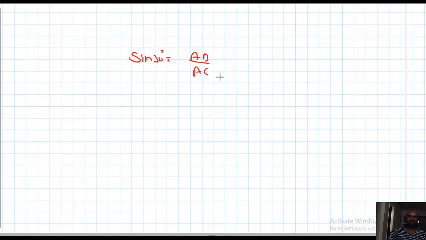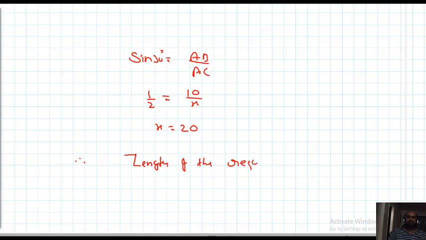This is 1 by 2 equals 10 by AC, that is x equals 20. Therefore, the length of the required rope equals 3 into 20, that is 60 meters.